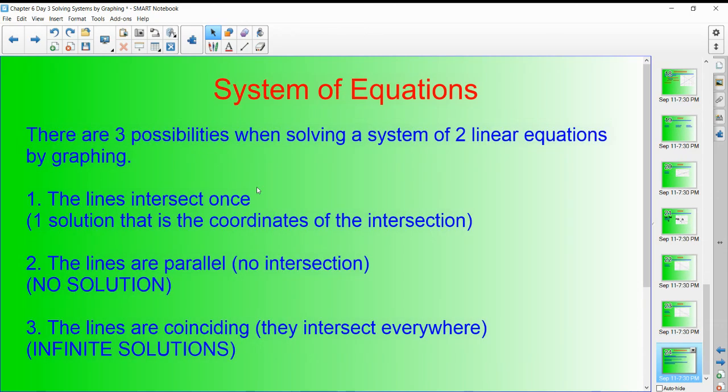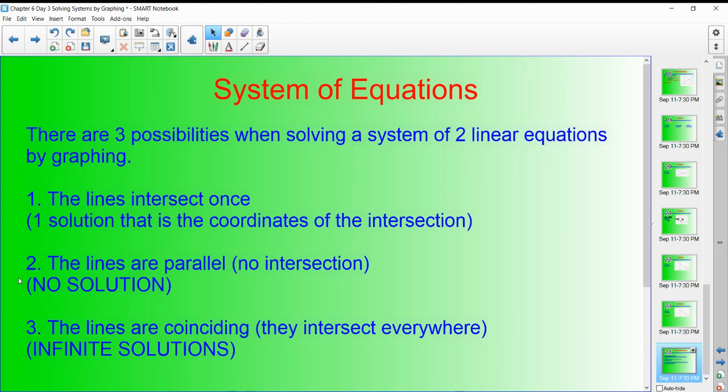So, systems of equations. When we're solving a system of two linear equations and we graph them, a lot of times we're going to have this first case. The lines intersect once. The solution is that coordinate where they meet. We also saw we could have no solutions. Lines are parallel, don't touch.